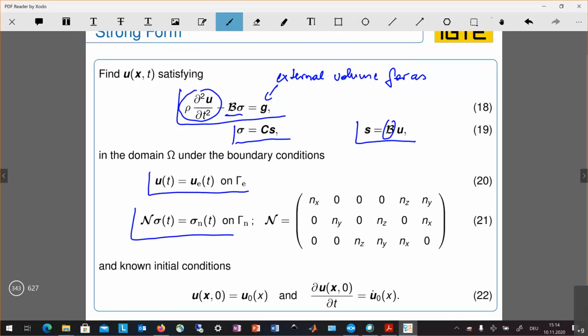And if you look at this operator n, you see it has the same structure as this operator B, but the entries are not partial derivatives with respect to x, y, and z. The entries are the components of the normal vector n, the x, y, and z component, but on the same positions as we have the derivatives in the B operator. Yeah, and since it is a time-dependent partial differential equation, we also need our initial condition as shown here.